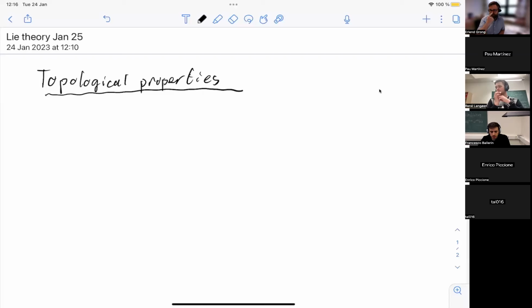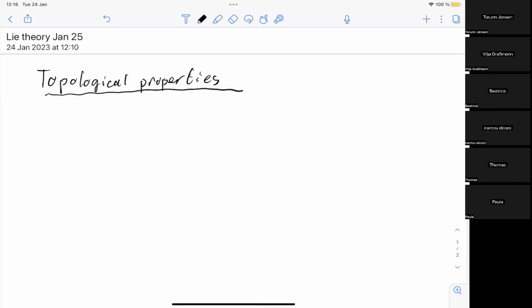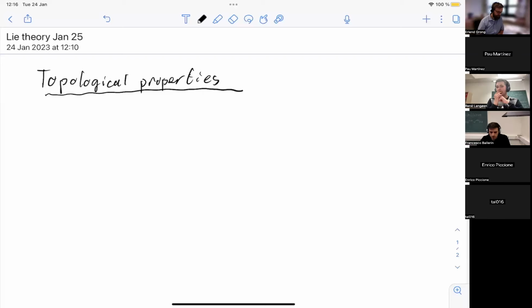That is true for the general linear complex matrices, but I forgot about connected components. So there is actually a subgroup in the real general linear group that is open, and that is not the full group. So let's look into these topological properties today.